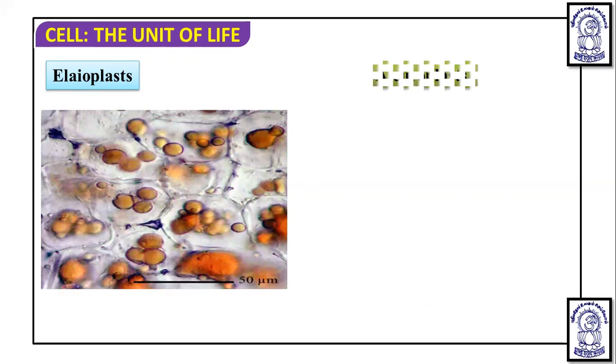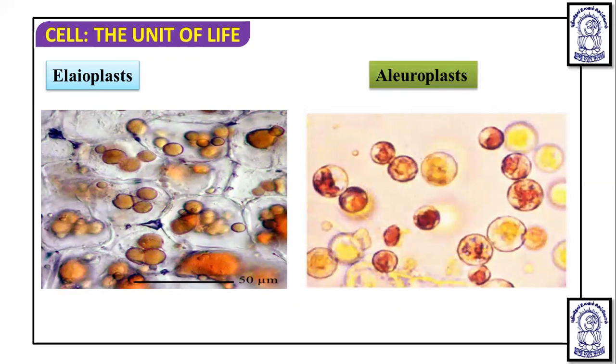After this, there is another type of leucoplast, that is elaioplast, and this elaioplast looks like this. And another one is the aleuroplast. If we talk about elaioplast, see, the term oil is coming. For remembering, oil is coming, so you can remember that elaioplast stores oil and fat.